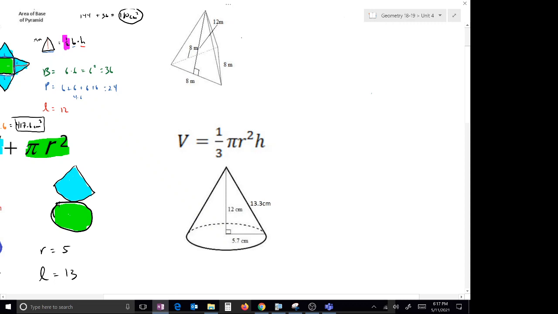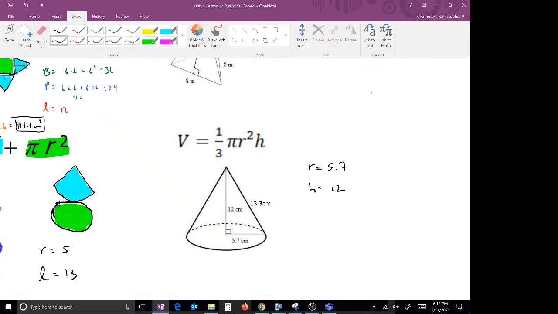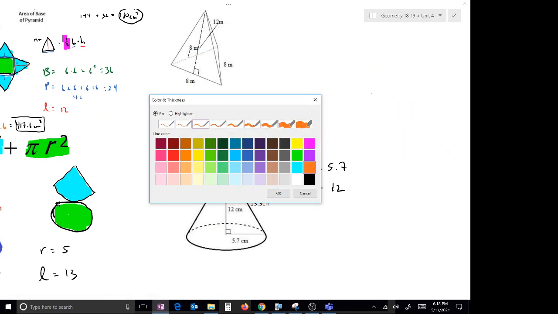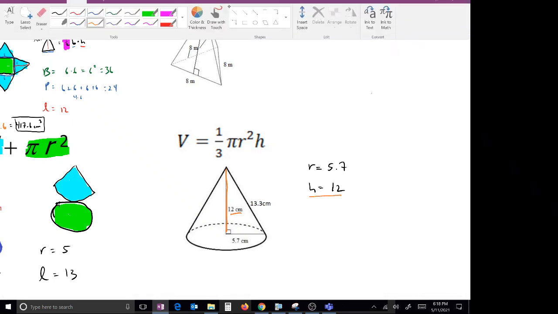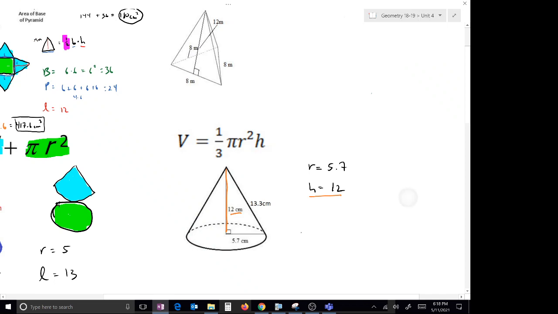So again, we just need the radius, which is 5.7. Our height is 12, not 13.3. We want height, which is straight down the middle of our cone, not the slant height. So go ahead and plug these in.